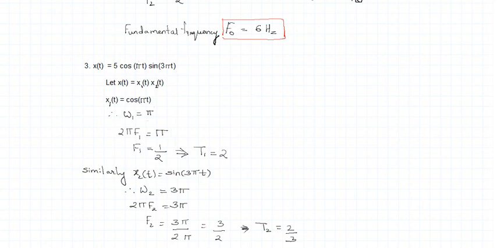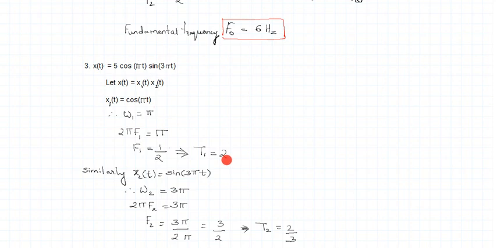So f1 turns out to be 1 by 2. Taking the reciprocal of f1, we get T1 to be 2. So what do we understand by this? That the first component, cos(pi t), has a fundamental frequency 1 by 2 Hertz and a fundamental period of 2 seconds.